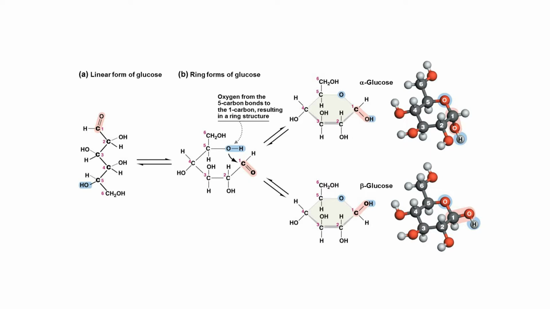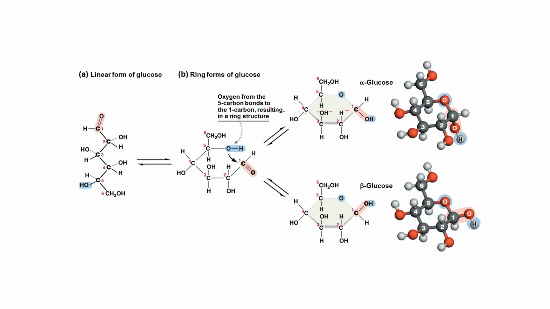Now, what this is showing you is the fact that you can have two different types, or versions, of the same sugar. For instance, you can have glucose. You can have alpha and you can have beta, depending on whether this OH group goes below the plane of the molecule.